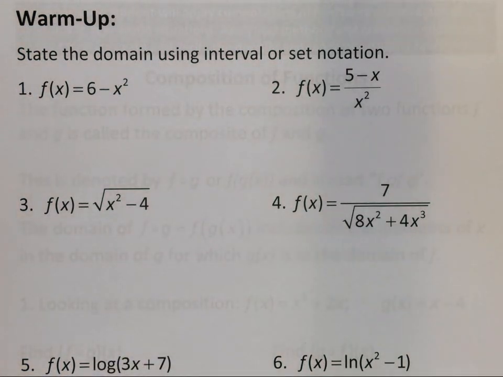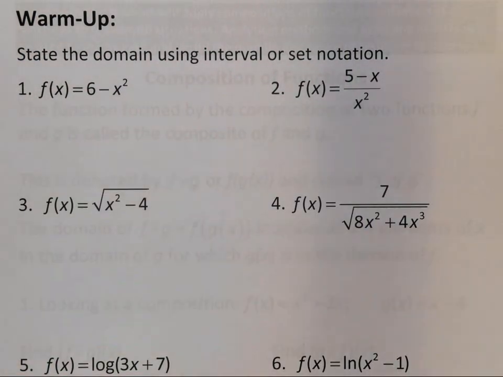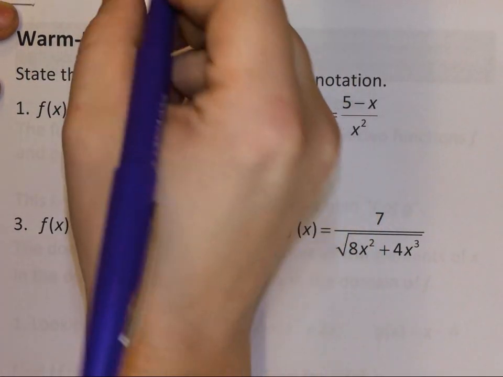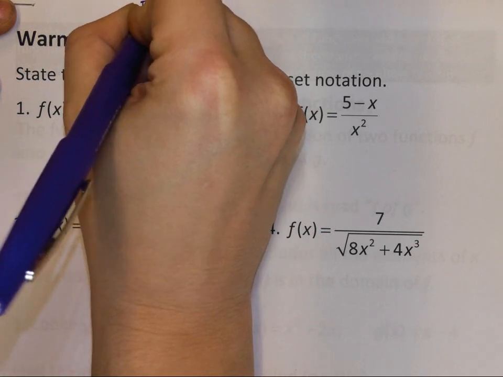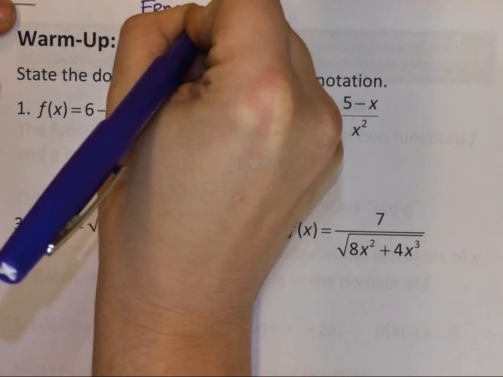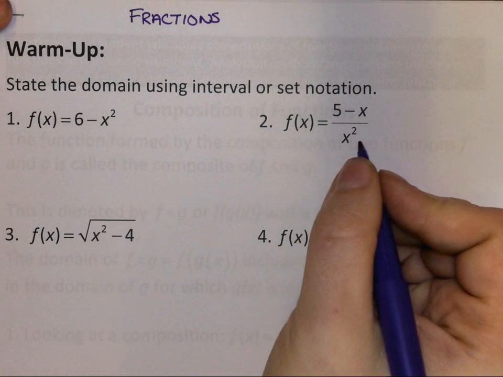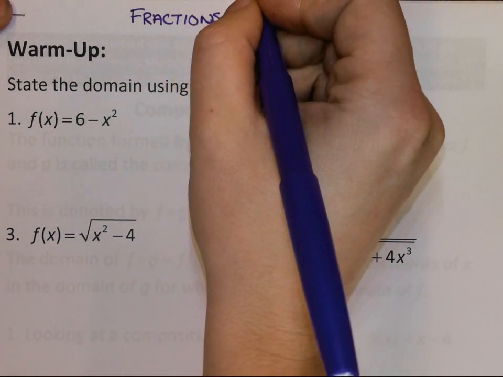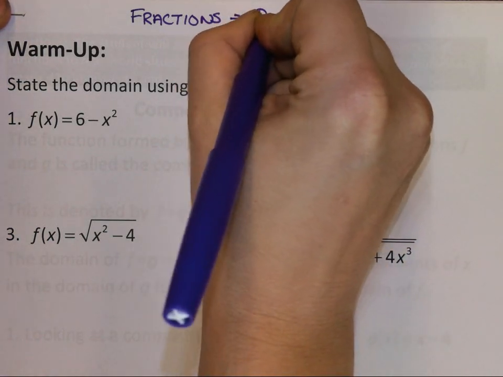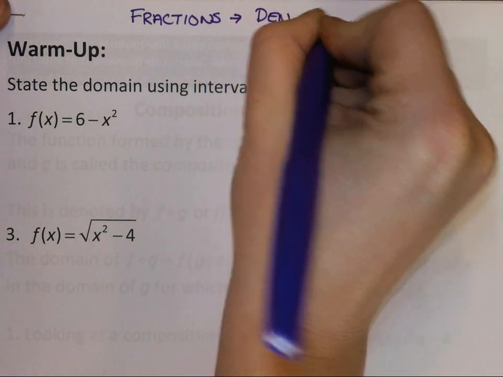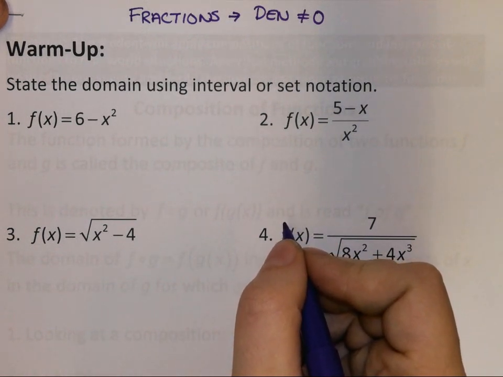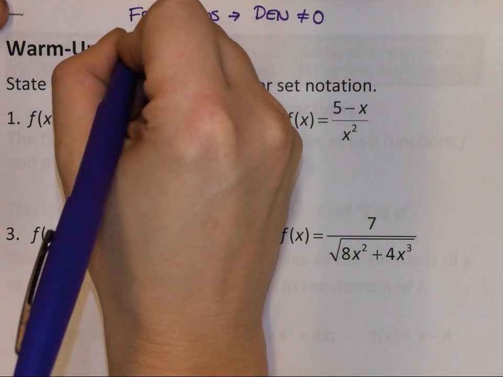So when we do these problems, you want to make sure that you understand when we do and do not have restrictions. Now, you started off in Algebra 2, actually, talking about fractions. When we're talking about fractions, what are the restrictions that come from those? The denominator cannot equal 0. Then we moved up to roots, which is something you also did in Algebra 2.